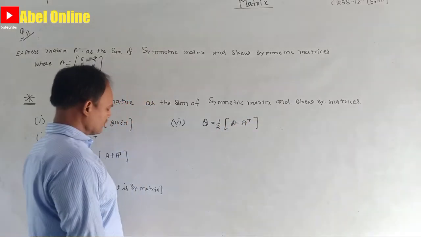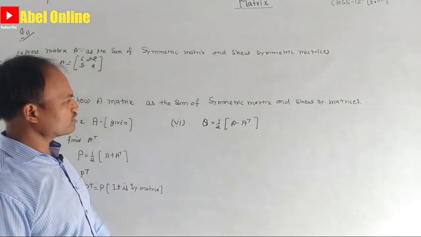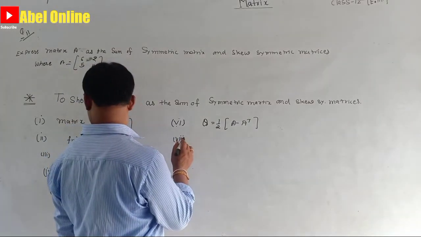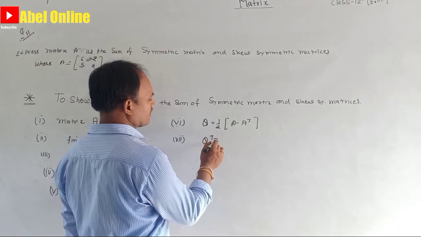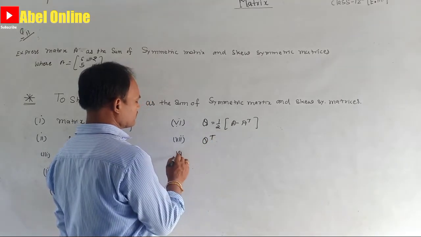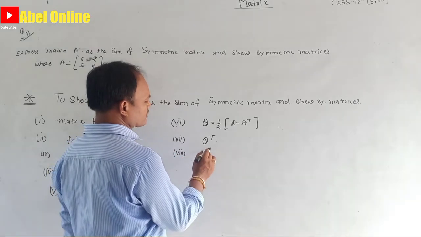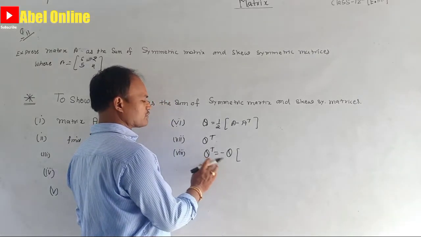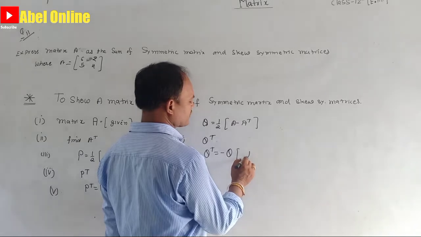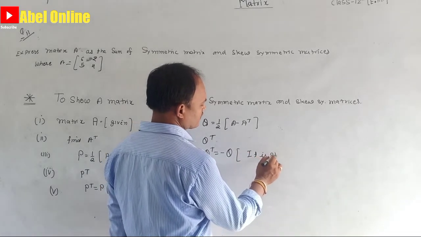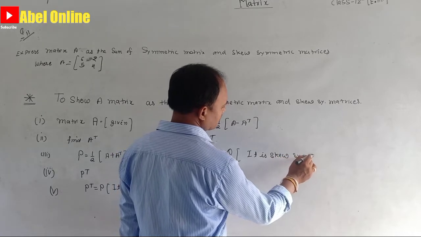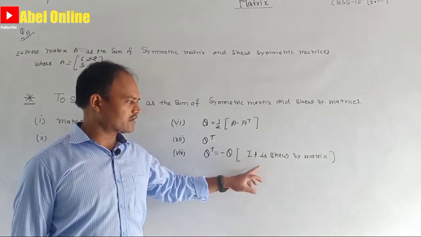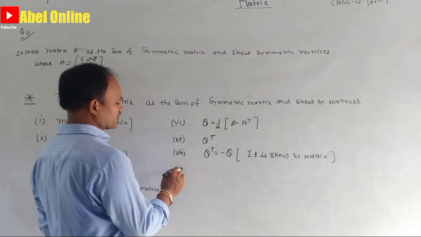In the next step you have to find Q transpose, and you find that Q transpose is equal to minus Q. So if it is possible to find Q transpose equal to minus Q, we can say that it is a skew symmetric matrix.